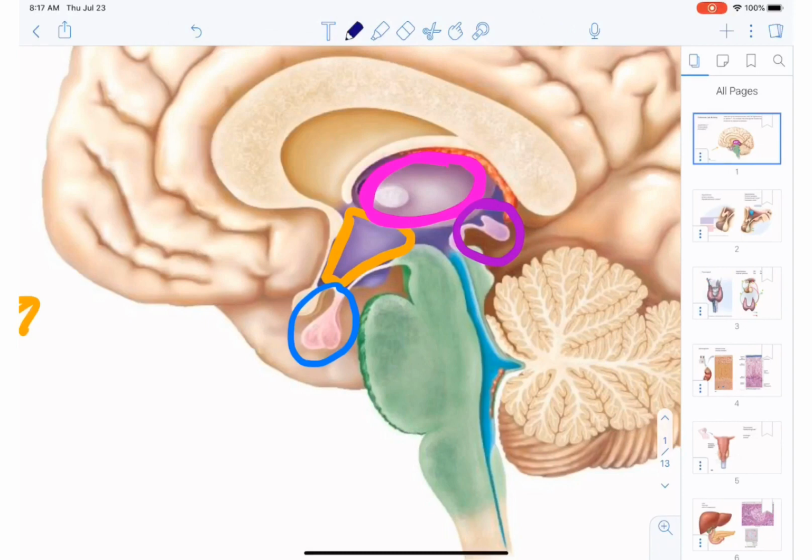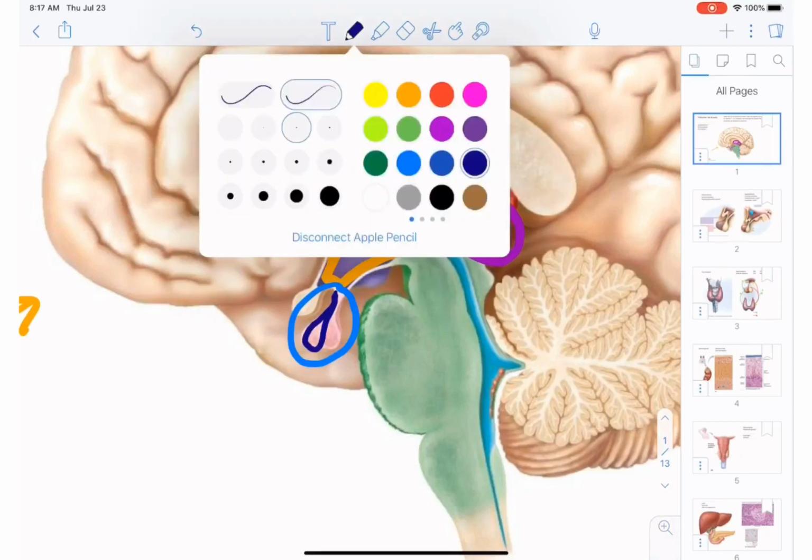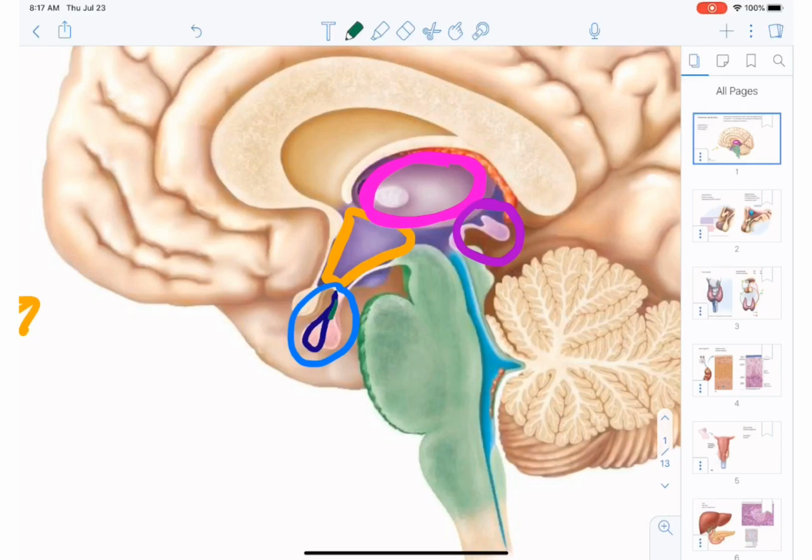You have this region in the front, which is called the anterior pituitary, and then you have the region in back of it, which is called the posterior pituitary. And we'll talk about the anatomical and the physiological relationship between the hypothalamus and both of these regions of the pituitary gland on the next slide.